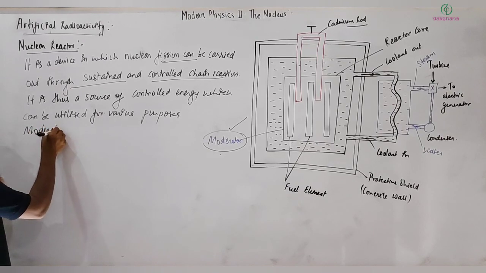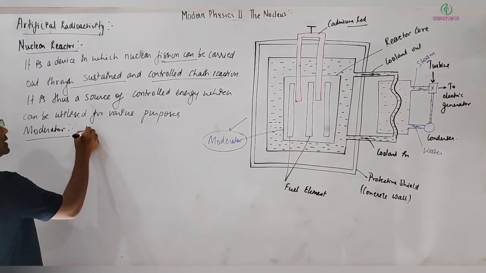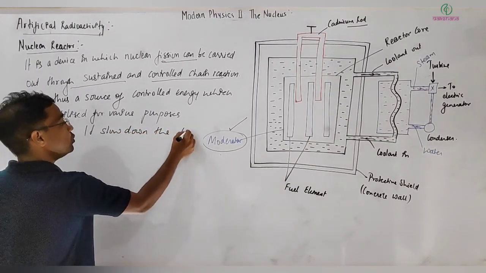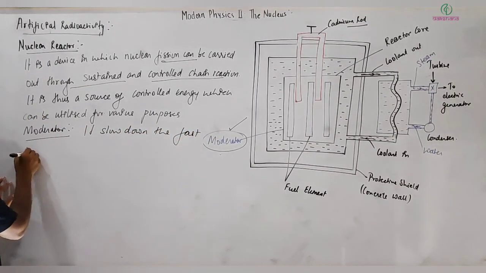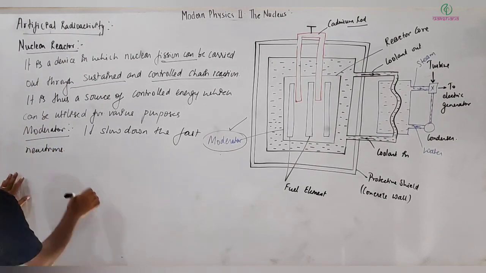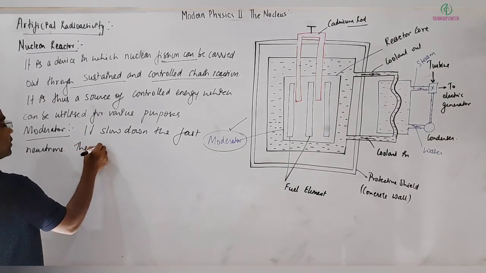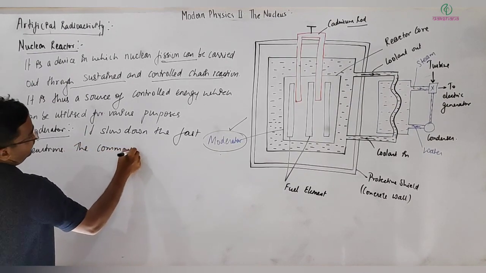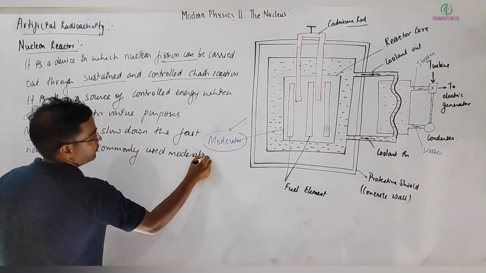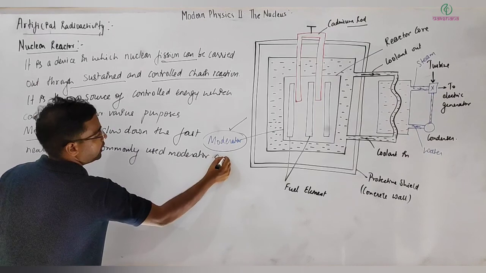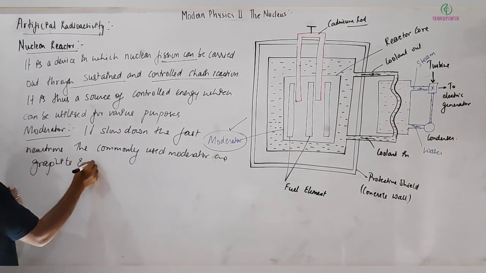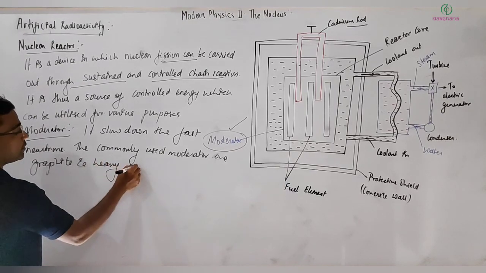Moderator: it slows down the fast-moving neutrons. The most commonly used moderators are graphite and heavy water.